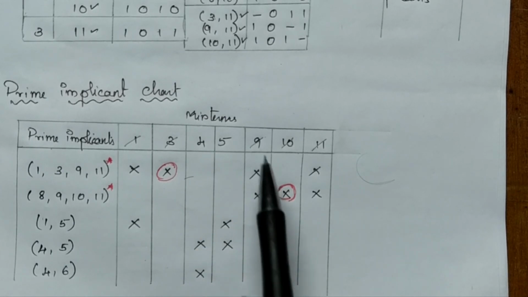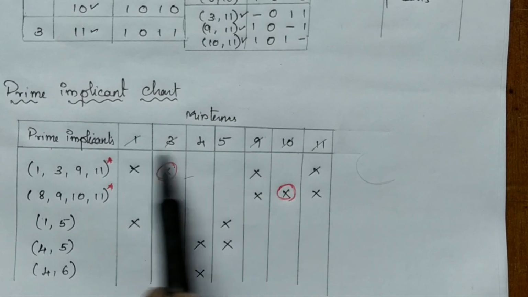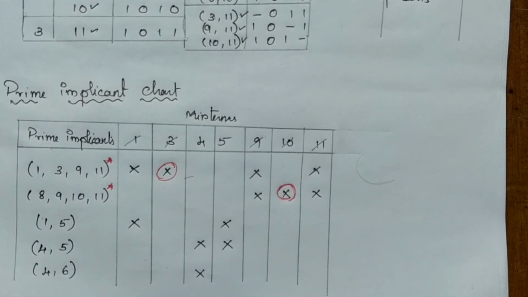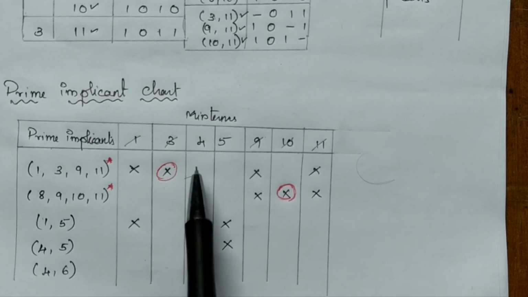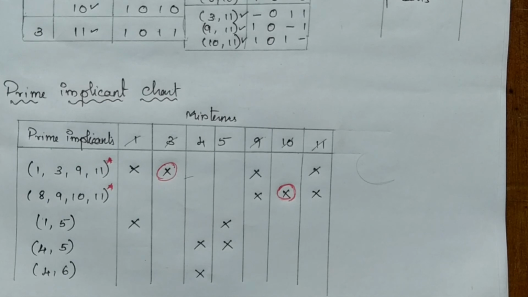Therefore we need to select the implicants which cover all the minterms. We need to go for checking the prime implicant which includes the values 4 and 5. Sometimes it may be in one prime implicant, but sometimes it may be in different implicants.